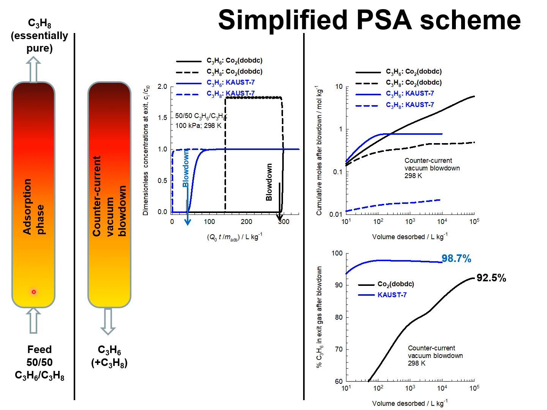We need to have total exclusion, otherwise the purity requirements are difficult, nay impossible to achieve. One remedy is to have a more complex PSA scheme, as we shall see in the subsequent slide.